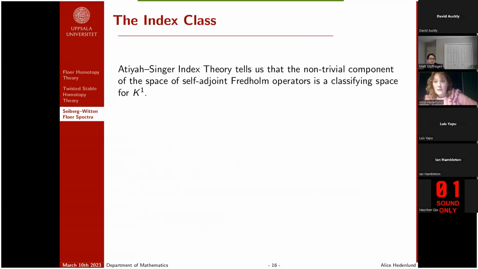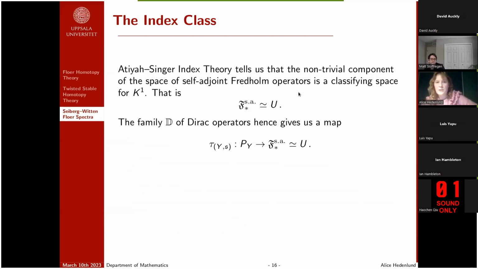Atiyah-Singer index theory tells you that the non-trivial component of the space of self-adjoint Fredholm operators is actually a classifying space for K1. So the classifying space of K1 is just the infinite unitary group, U. So in particular, I have my family of Dirac operators.